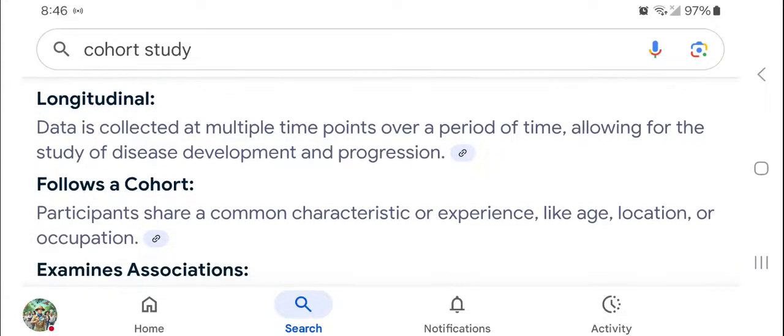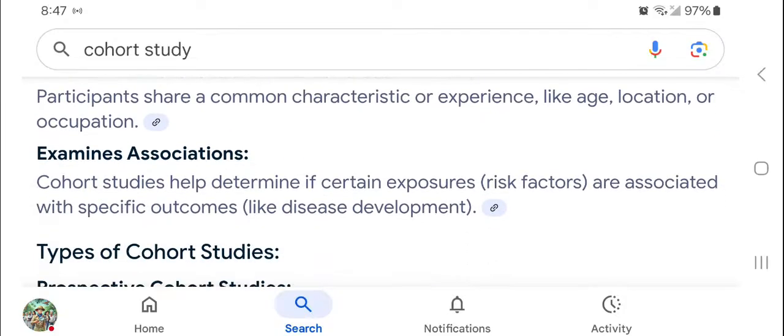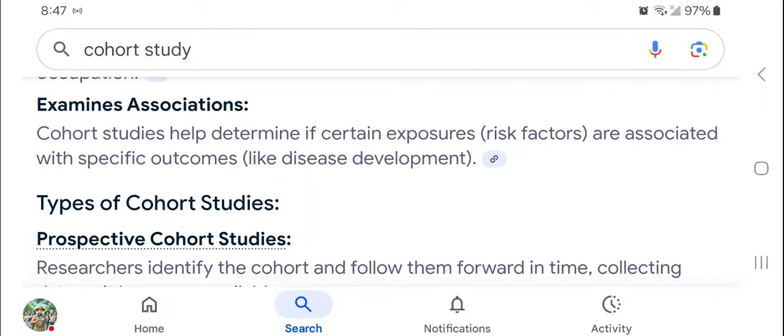Follows a cohort: participants share common characteristics or experiences like age, location, occupation, as mentioned earlier. Examines associations: cohort studies help determine if certain exposures or risk factors are associated with specific outcomes, like disease development.